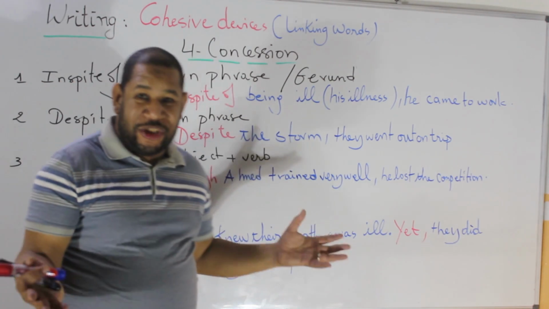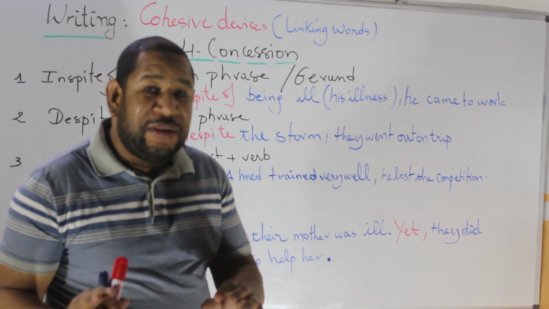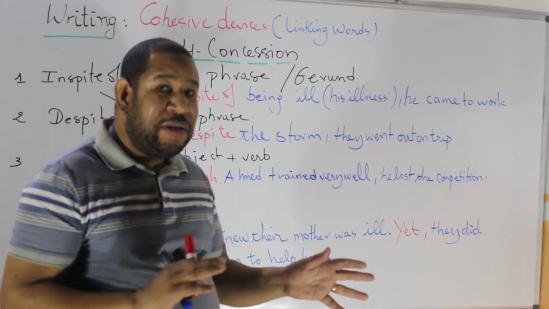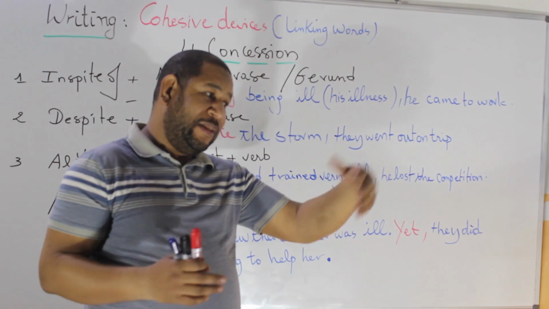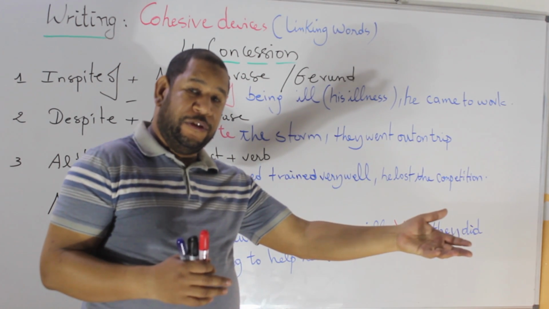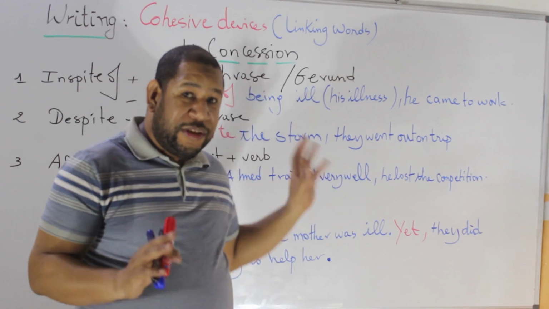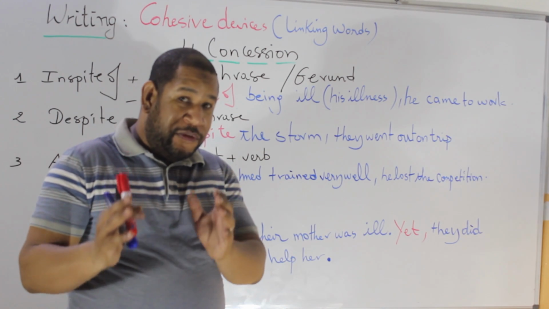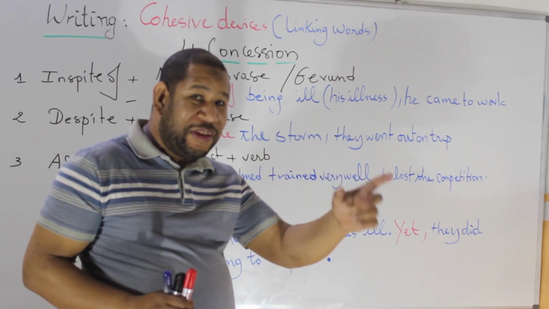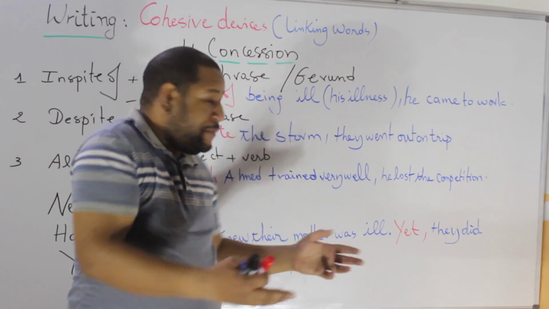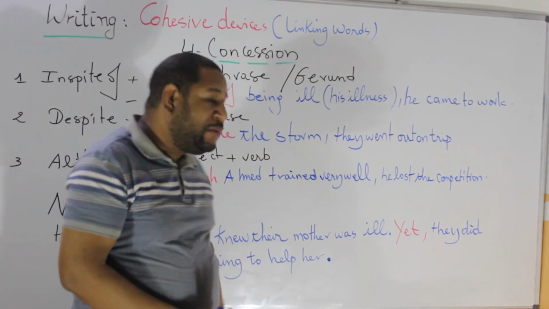So this is concession, and remember, it's different from contrast. For contrast, it's the opposite. The first sentence is the opposite of the second sentence. But for concession, in the first clause or the first sentence, we have the opposite of what we expect. For example, they knew their mother was ill.